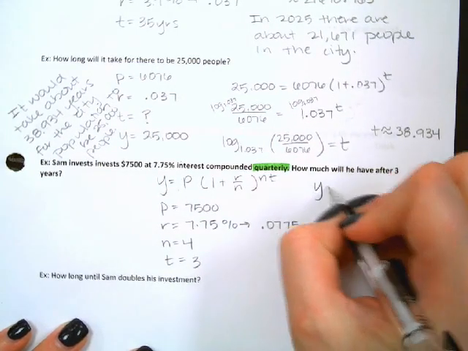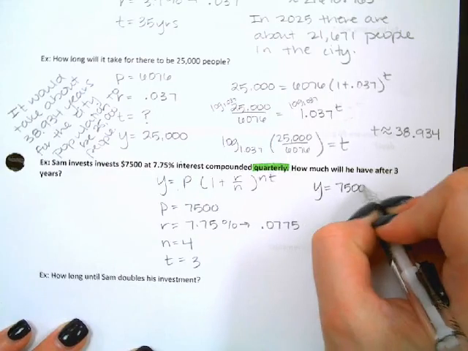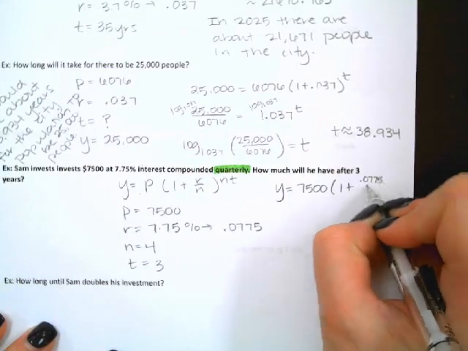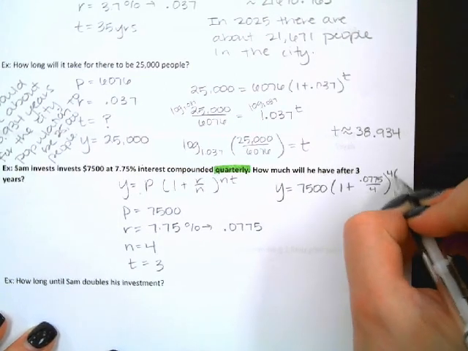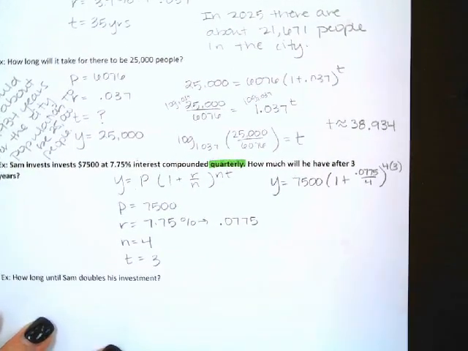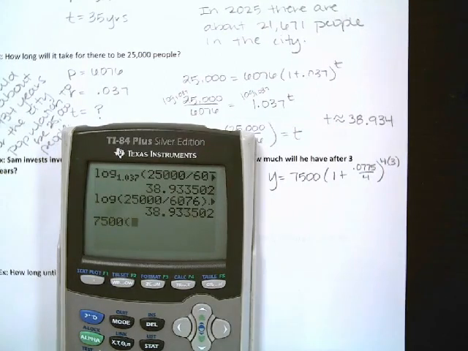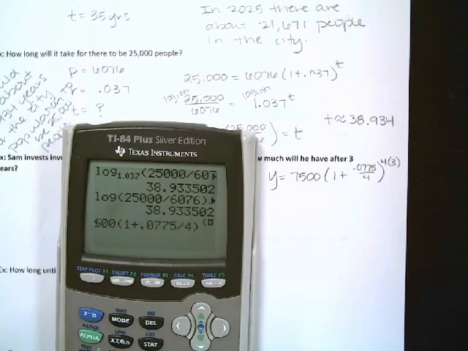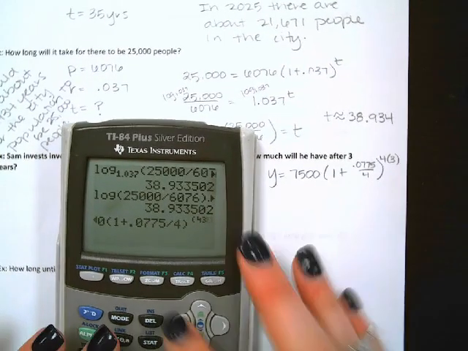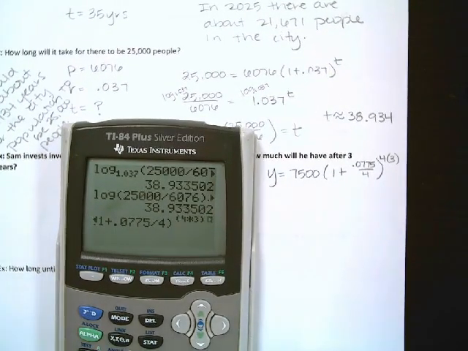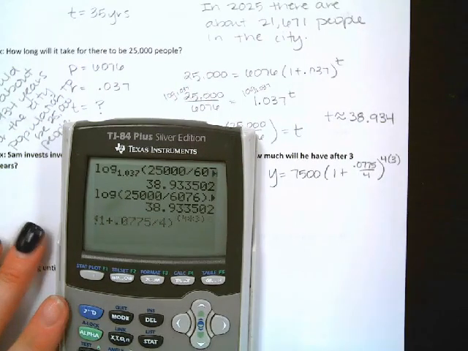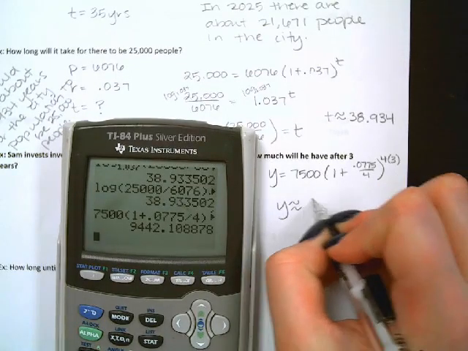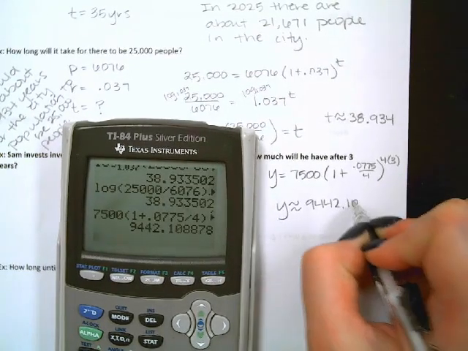So we have y equals 7,500 times 1 plus 0.0775 divided by 4 to the 4 times 3. All right, and so I get y is approximately 9442.109.